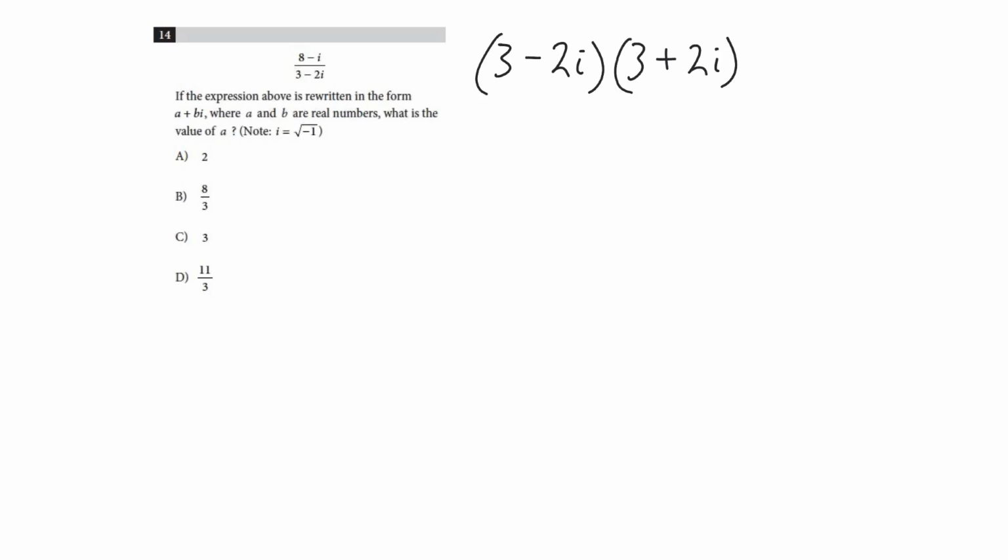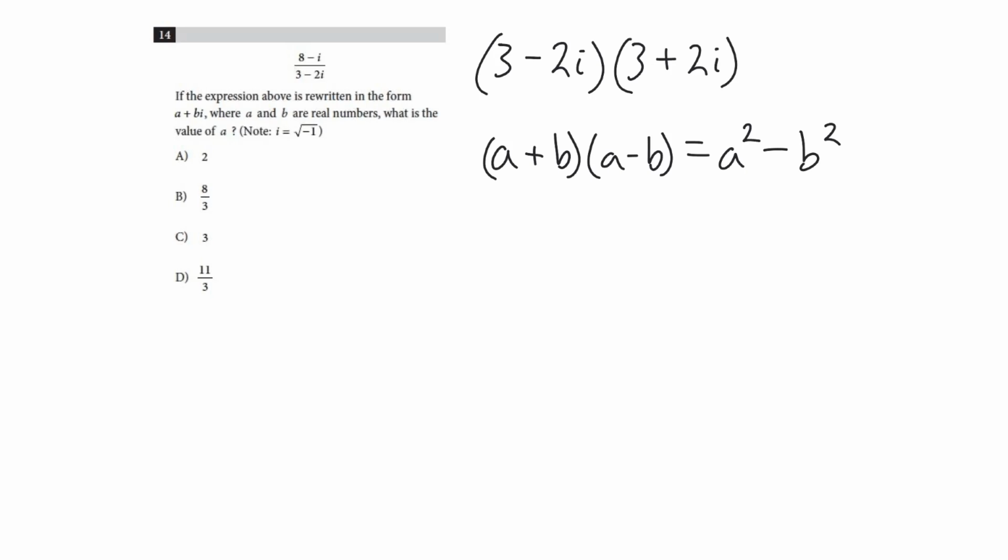Now, what you see here is that this is kind of like a difference of squares. What happens when I multiply by the conjugate is that I'm going to end up with something squared. Right? So if I have a plus b times a minus b, I'm going to end up with a squared minus b squared, because my ab terms are going to cancel out.